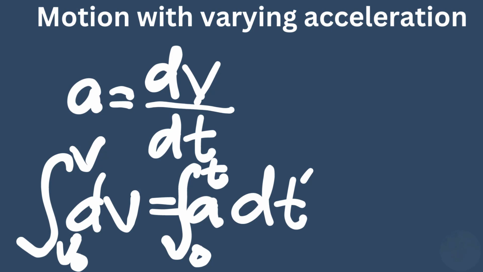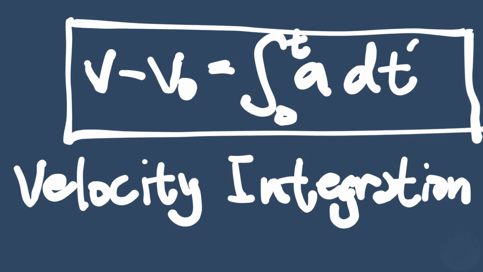We can then rewrite this expression by cross-multiplying and integrating dv and the expression a dt prime with the lower and upper limit of dv given by v sub 0, which is the initial velocity, and v, which is the final velocity, while for dt, the lower limit is given by 0 and the upper limit is given by time, which gives us v minus v sub 0 equals integral of acceleration times dt prime evaluated from 0 to t. This expression is called the velocity integration.